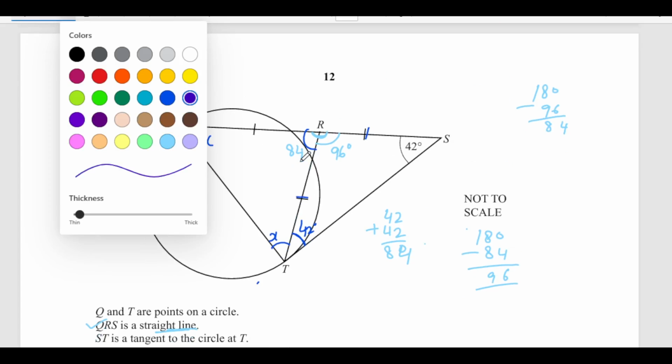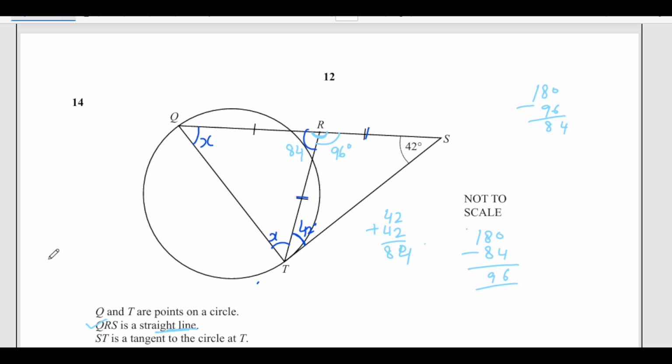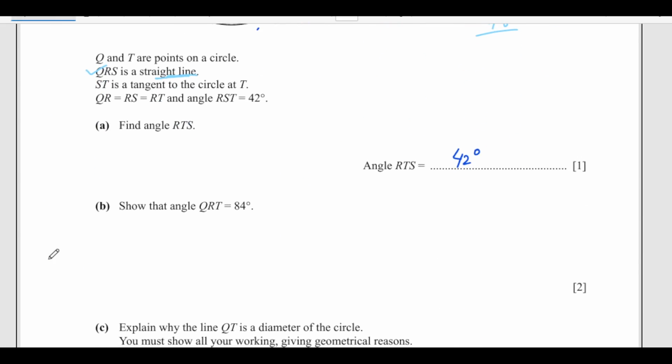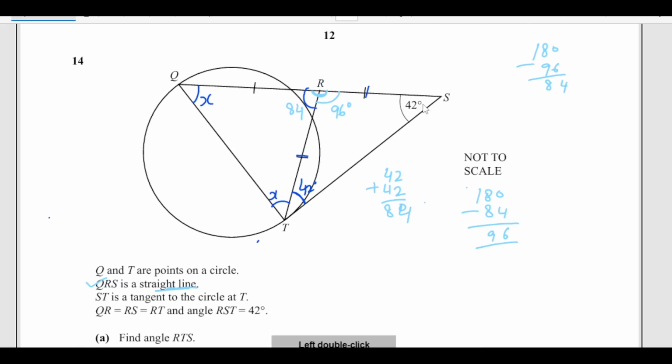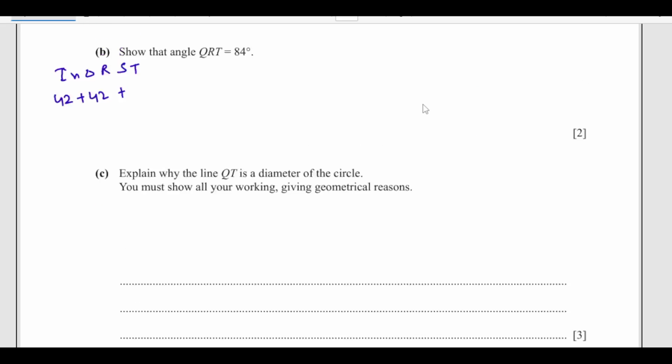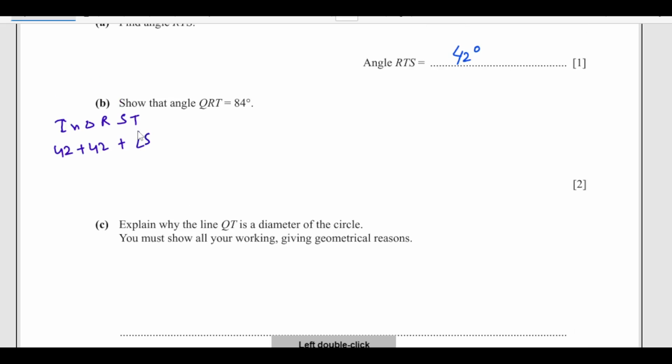As we have taken this angle 42 plus 42, this is a 2 marks question, so you must write something down here. So this triangle was here, and in triangle RST, we had 42 plus 42 plus this angle SRT is equal to 180 degrees, right?